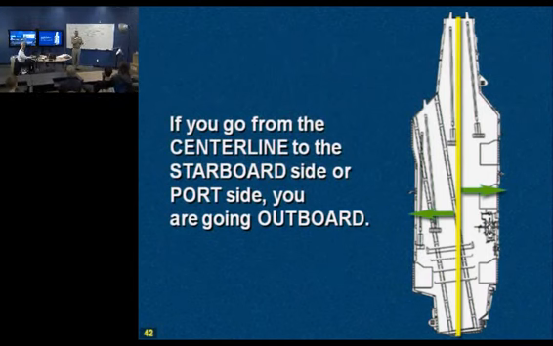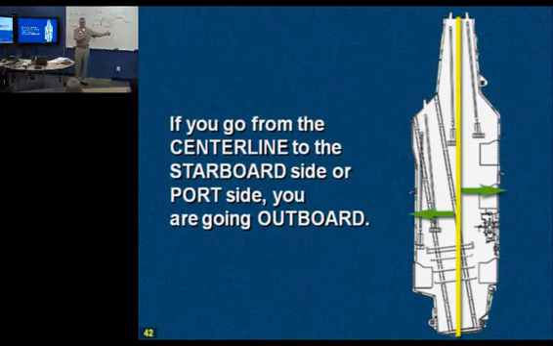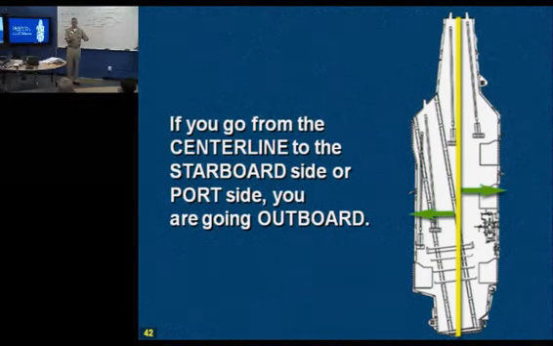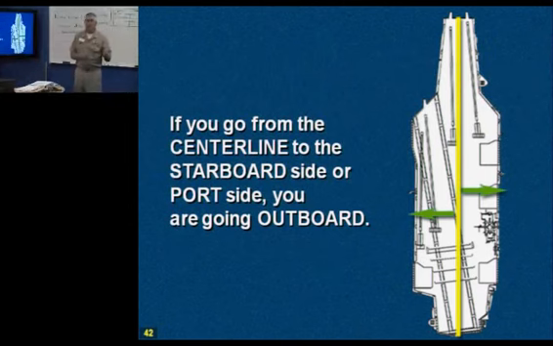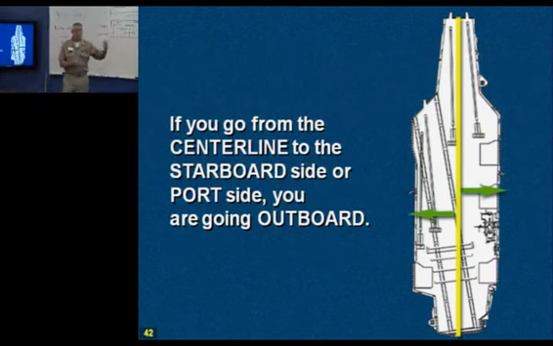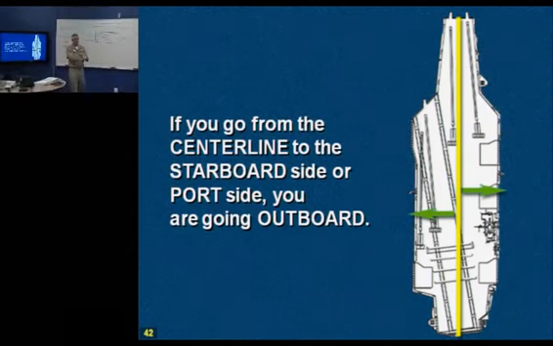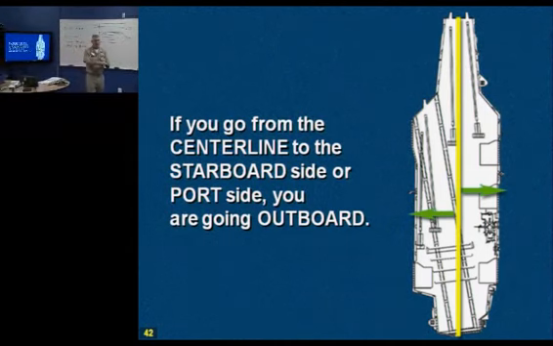So when they want, say, a fire party to go to a compartment, they'll say, fire, fire, fire, Class Charlie fire in compartment 3-19-3-S, berthing. They now know it's third deck, it's at frame 19, and it's the third door out on the starboard side. Okay? You'll get it.